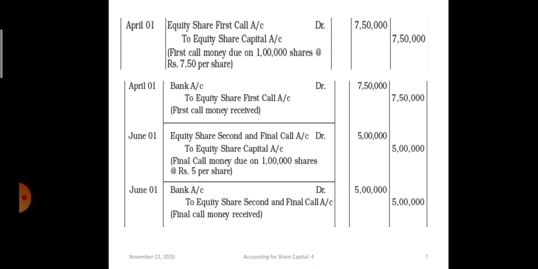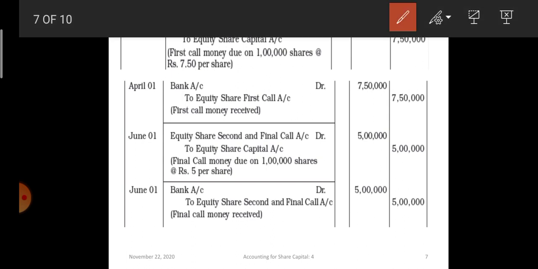Then equity share first call to equity share capital. First call amount is made due for 7,50,000 rupees and that amount is received. In the same manner, second call is made due for 5 rupees on 1 lakh shares, it is 5 lakh rupees, and that amount is also received.